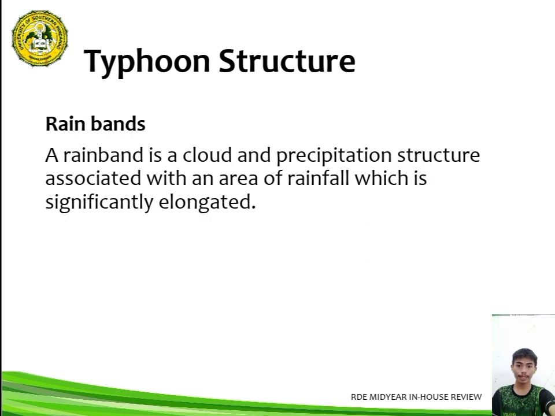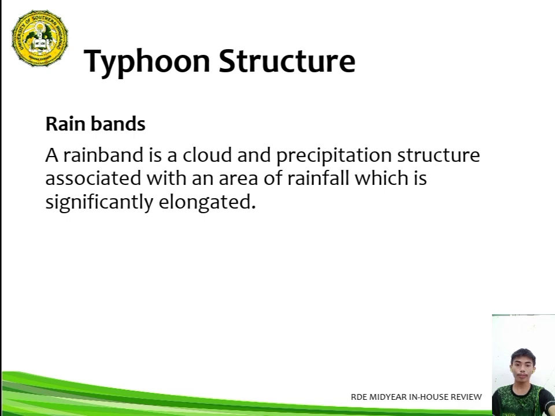Next are the rain bands. Surrounding the eye wall are concentric bands of thunderstorm-producing cumulonimbus clouds called rain bands. Because thick high-level clouds usually obscure the rain bands and eye wall, it is difficult for forecasters to use satellite imagery to monitor the storm interior.